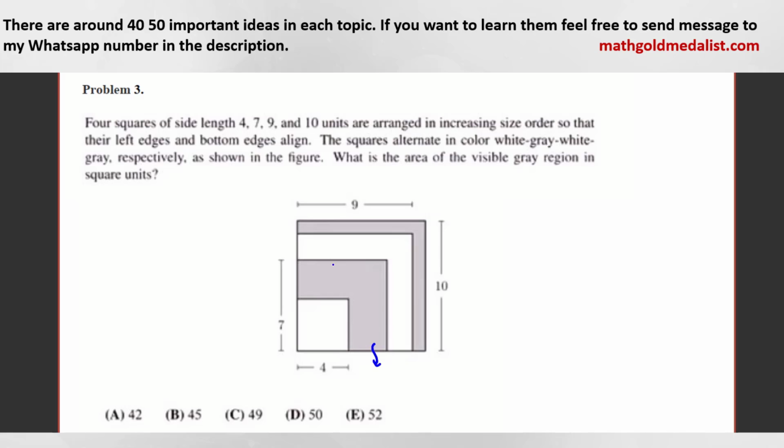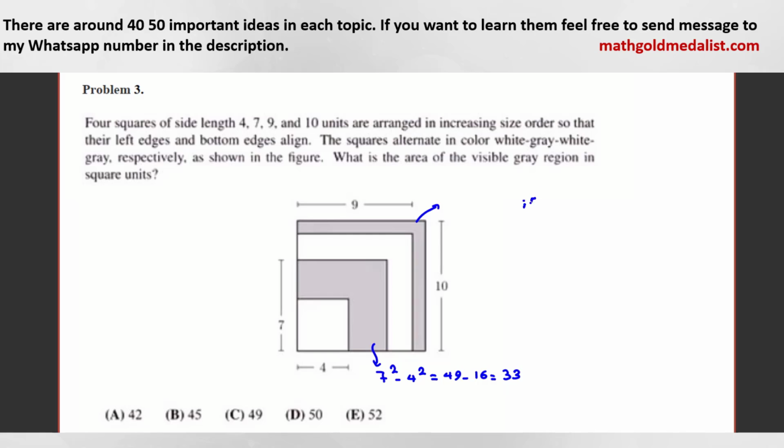Area of this shaded region is area of this square minus area of this square. So it will be 7 squared minus 4 squared, which is 49 minus 16. It will be 33. In next step, we should calculate this area. Again, this one is area of this square minus area of this square. We want to use complement rule.